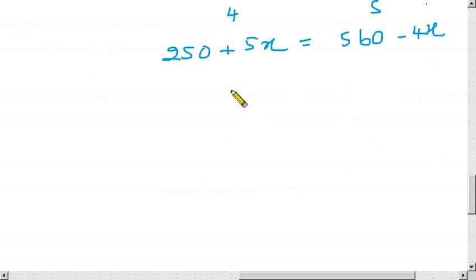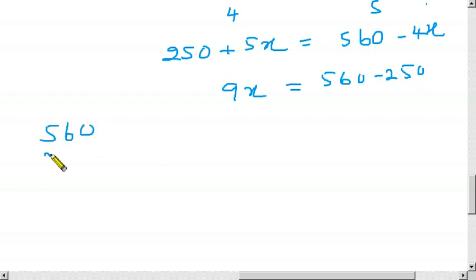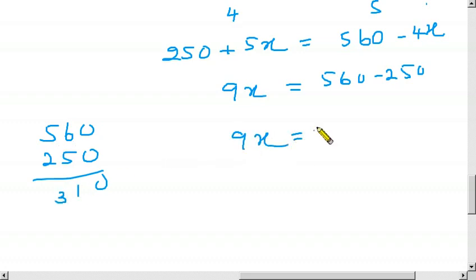Take this 4x to this side, altogether 9x, then 560 minus 250, 310. So x equals 310 divided by 9 centimeter.